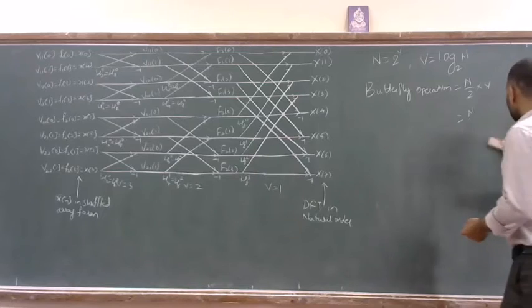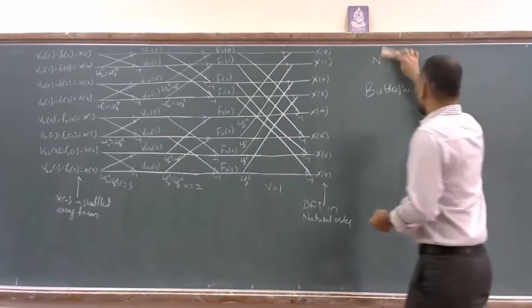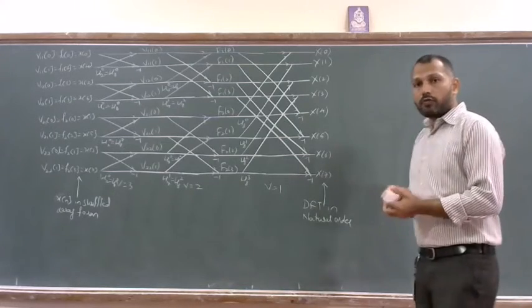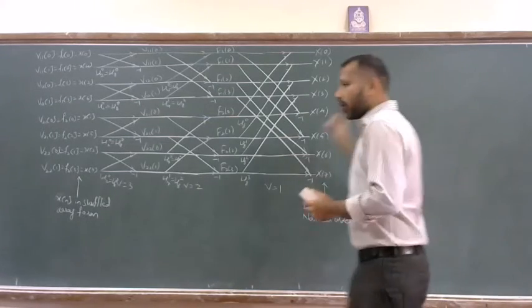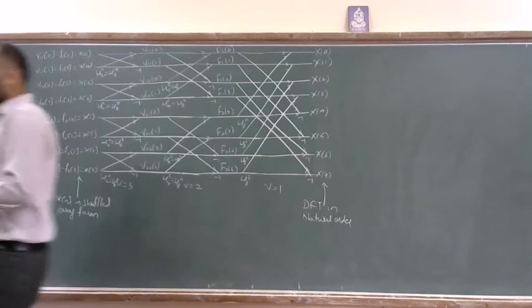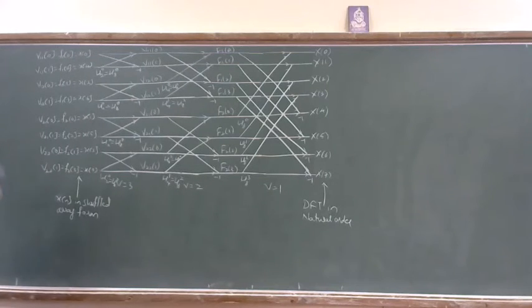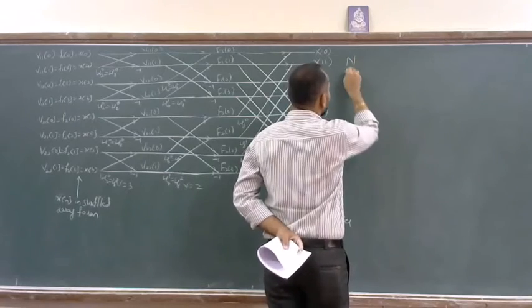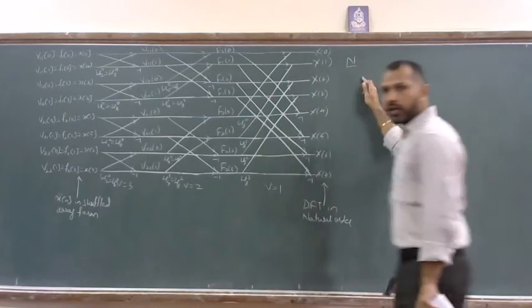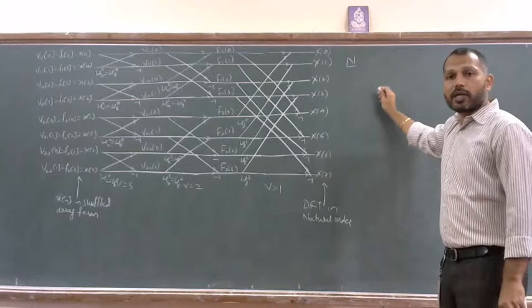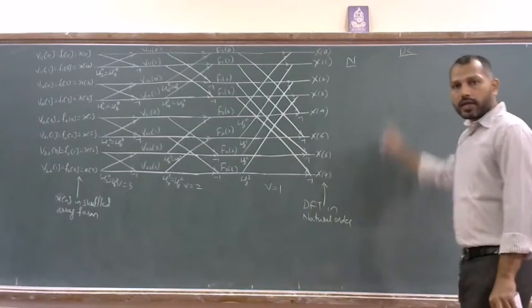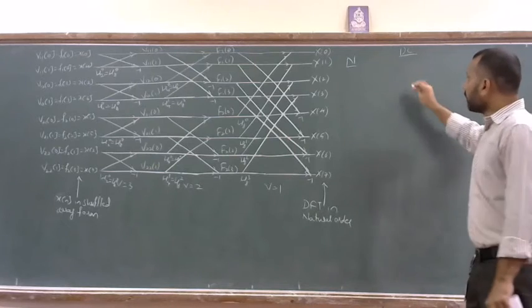We'll compare these values with the direct computation method. For the direct computation method, how many complex additions and multiplications were required? To compute an N-point DFT, how many complex multiplications were required by using the direct computation method? DC stands for direct computation.